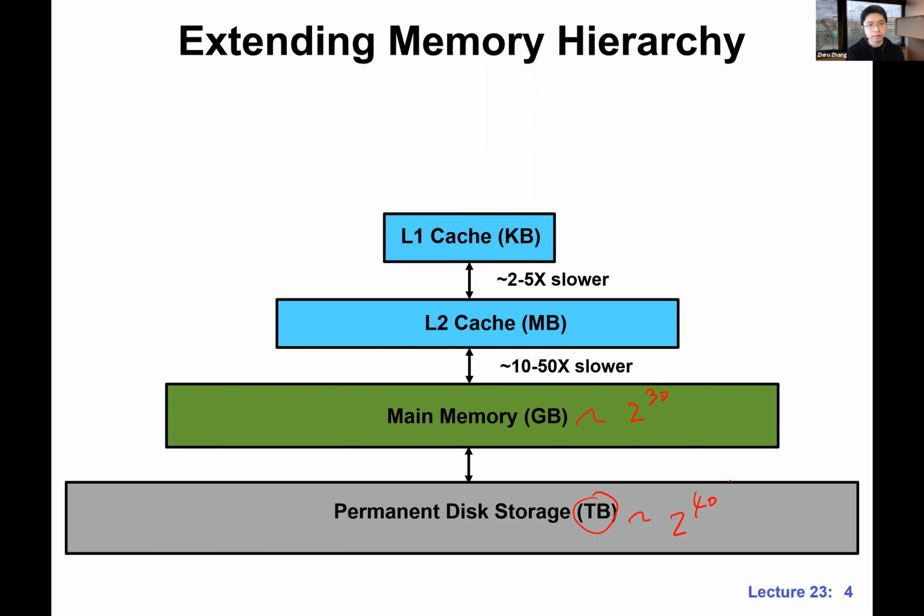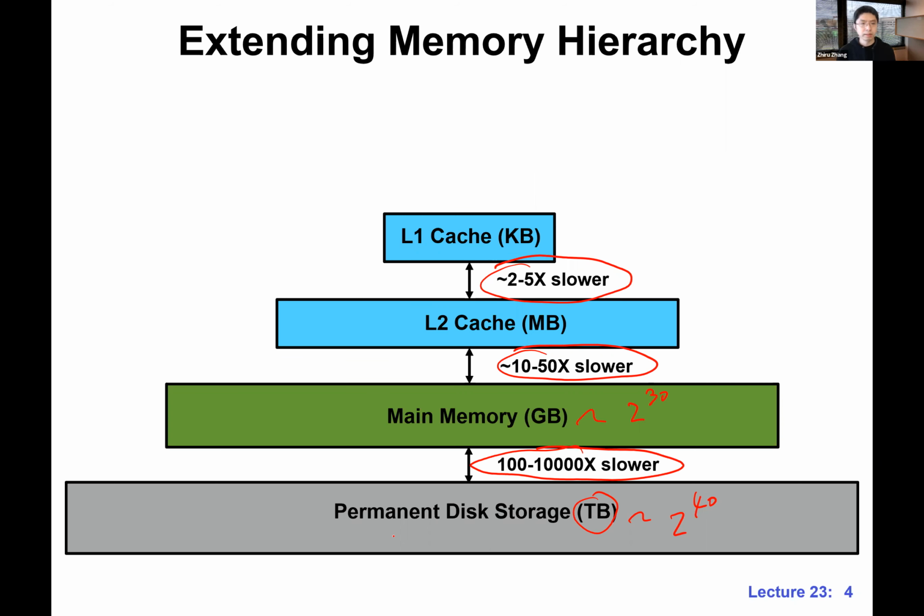So the natural question to ask is, how do we make this work? How do we swap data between the main memory and the permanent disk? Also, keep in mind that as you go down this hierarchy, the access speed to the storage media decreases pretty dramatically. This is the access speed to the SRAM, then DRAM, then disk.